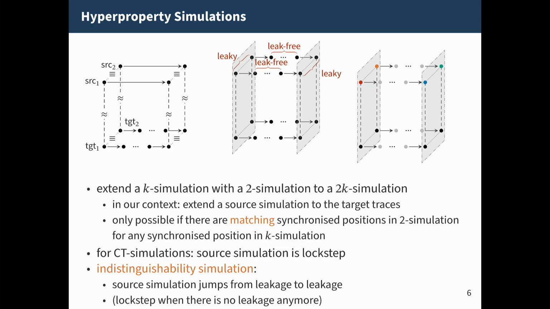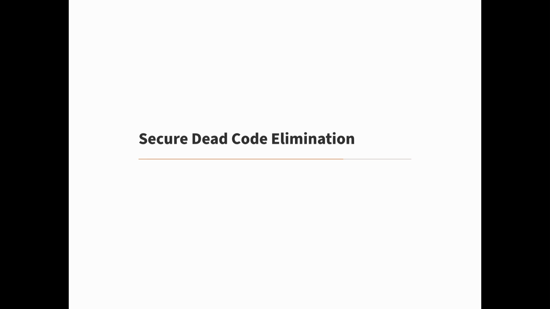Then we just default to the lockstep, but that is okay, because there is nothing that can go wrong, since the target program will not have any leakage there anymore. And so this is the technique, the indistinguishability simulations, that we use for our proofs.